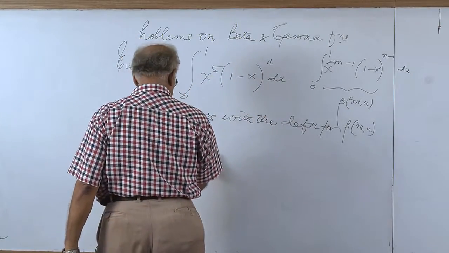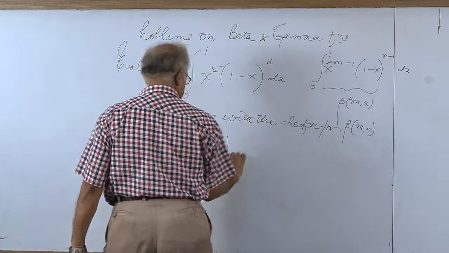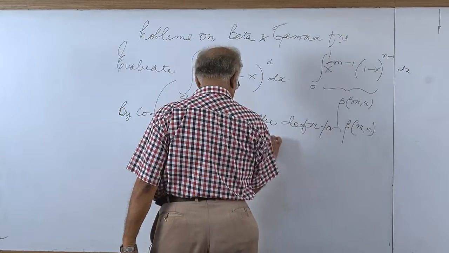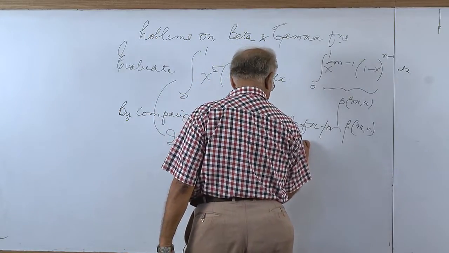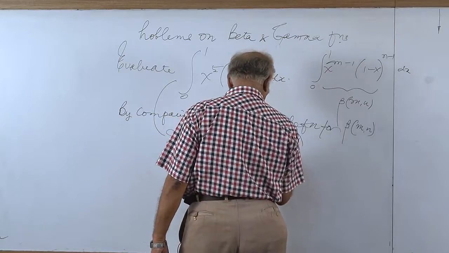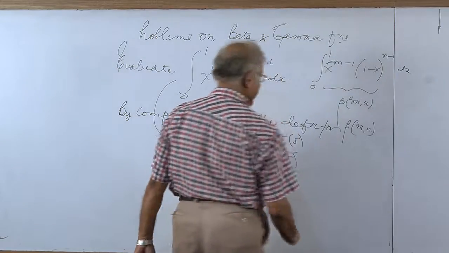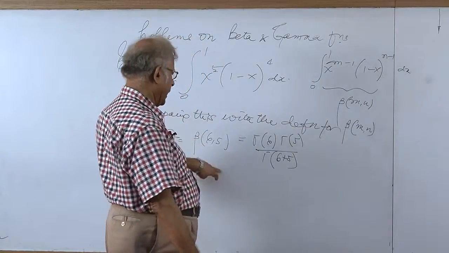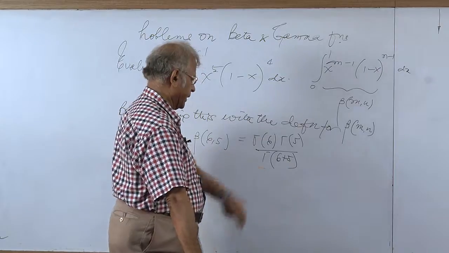I is beta 6, 5, that is gamma 6, gamma 5 over gamma 6 plus 5, where we use the formula beta mn is gamma m, gamma n over gamma m plus n.